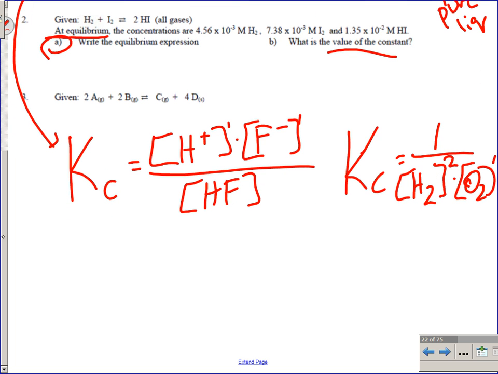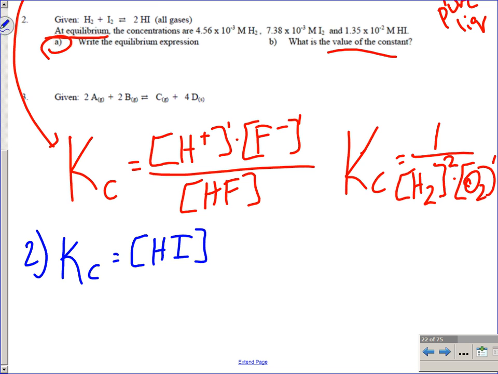Here we go. What is the K expression for number 2? Kc equals the hydrogen iodide gas concentration raised to the second power.